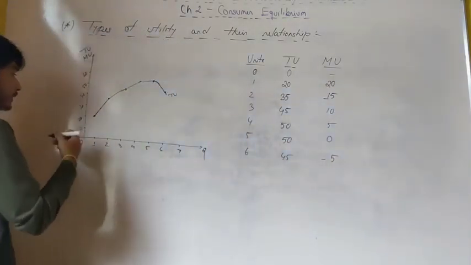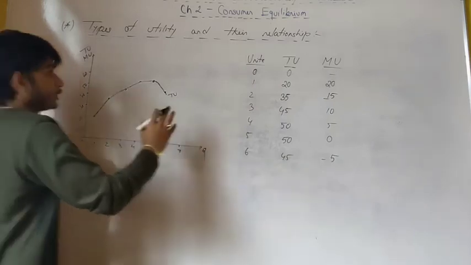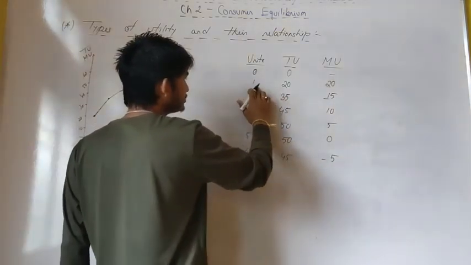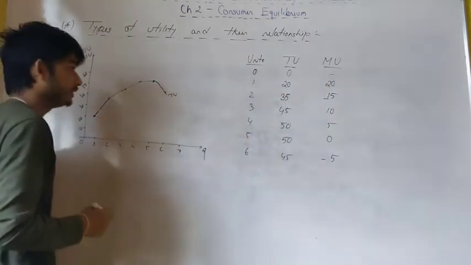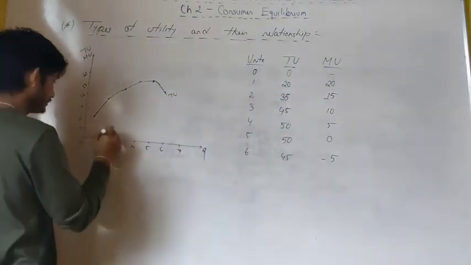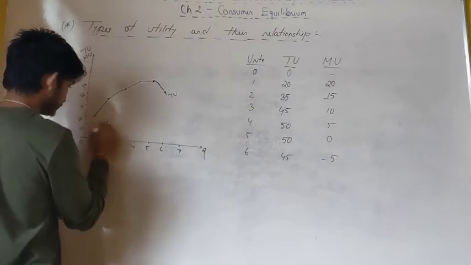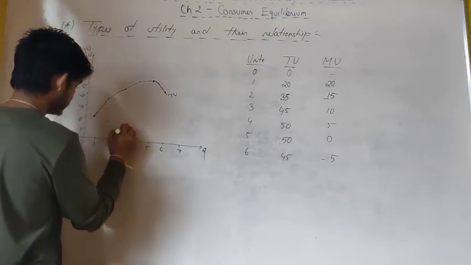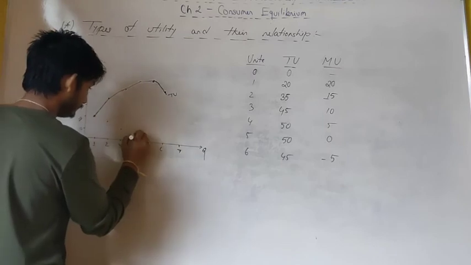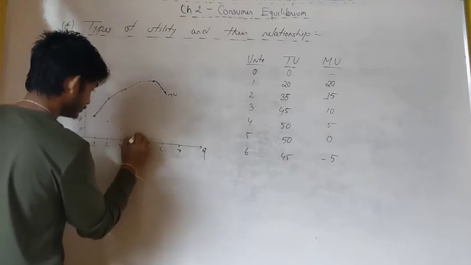So first one will be 20. It will start from the same point because for the first unit consumed, total utility equals marginal utility. Next is 15, then 10, then 5. This is the 0.